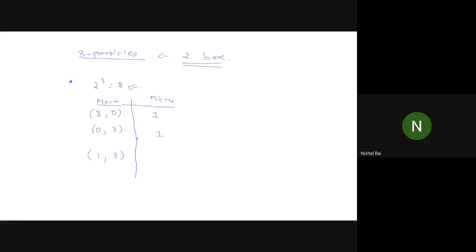Because over here, what is the possibility of this particle being in one of the boxes? We have only 3 particles, A, B, C. A could be here, B, C could be there. Second is B could be here, A, C there. Apart from that, C could be here, A, B there. So the total number of microstates will be 3.